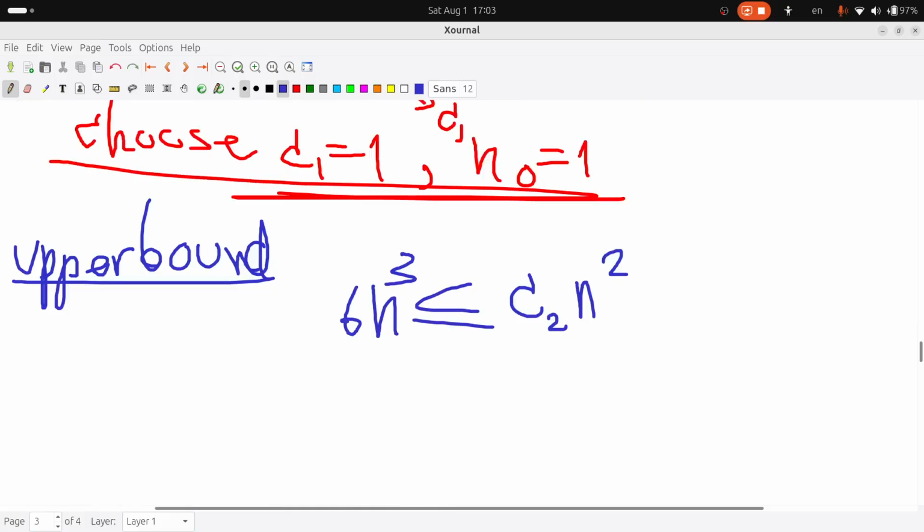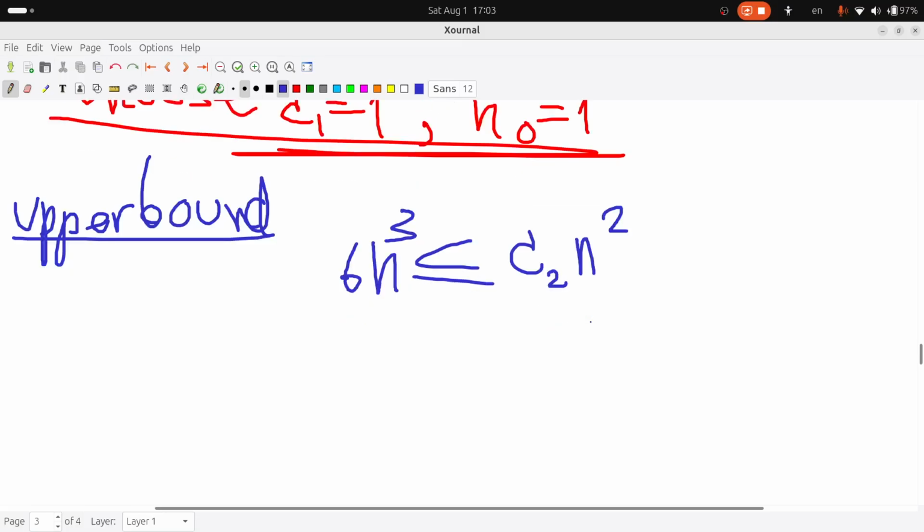How can n power of 3 go less than n squared? That is the problem we found. By looking with the eye we know that this inequality cannot be true. We need to show it in mathematical terms. So how can we do that?